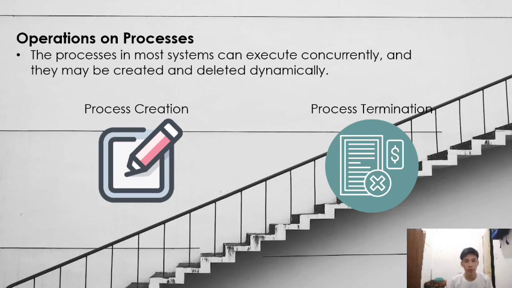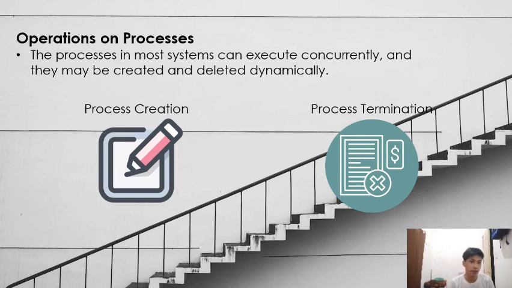In process creation, for example, when a user opens a new program, the operating system creates a new process for that program to run it. And process termination is when a user closes a program, the operating system terminates the process associated with that program.